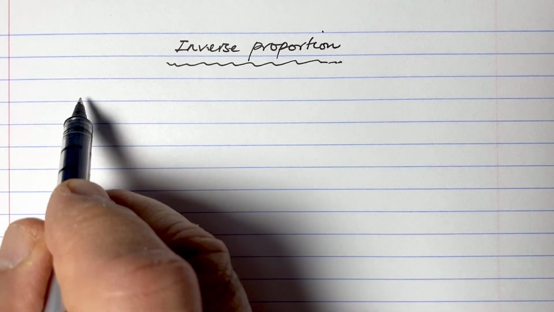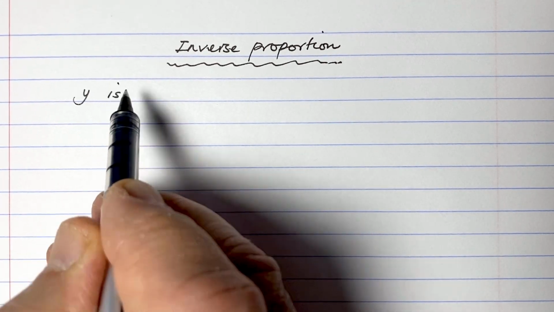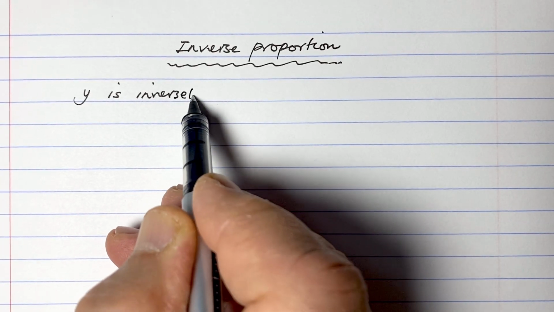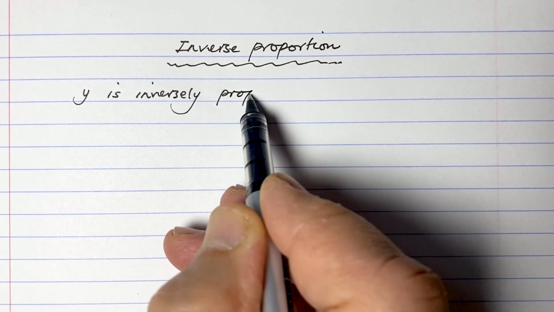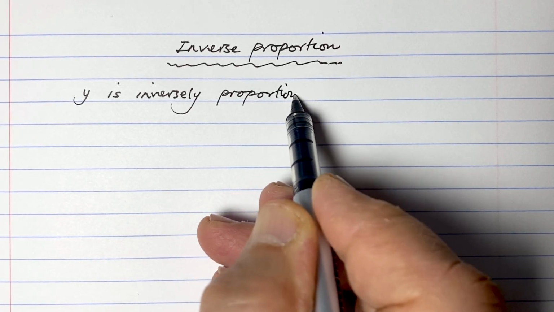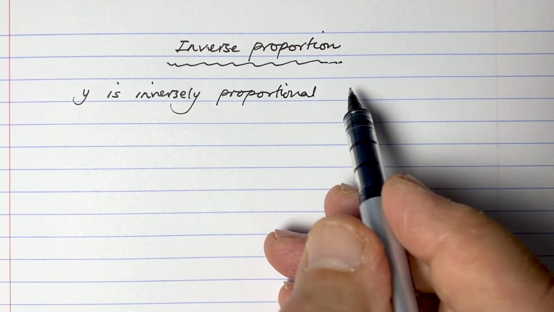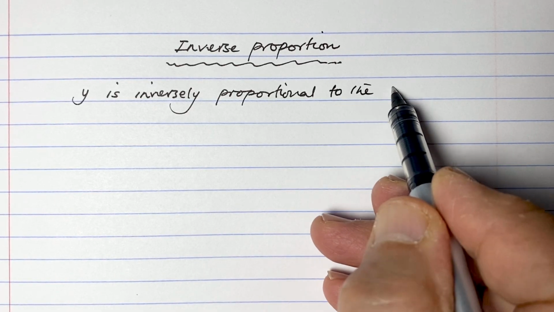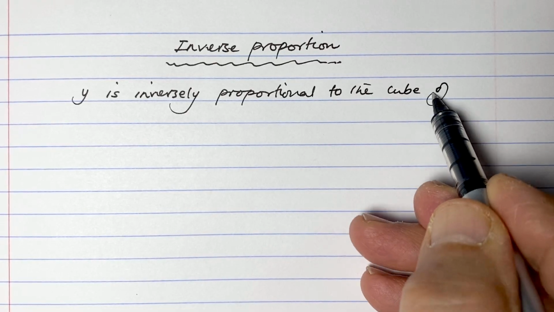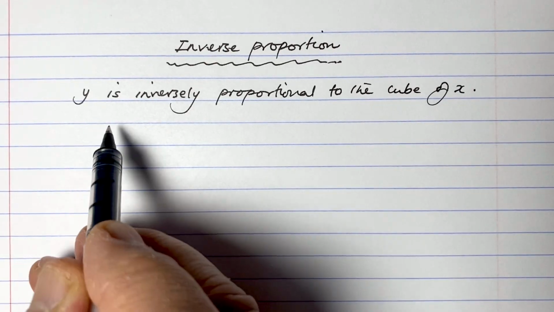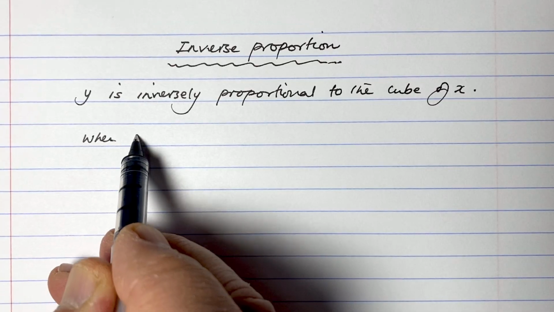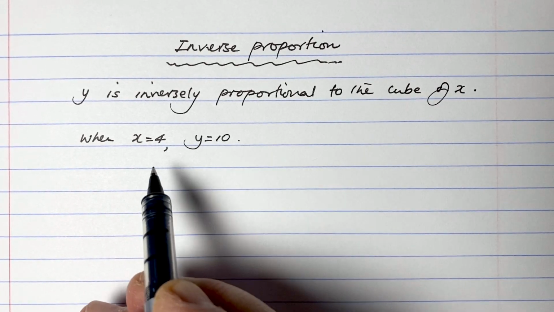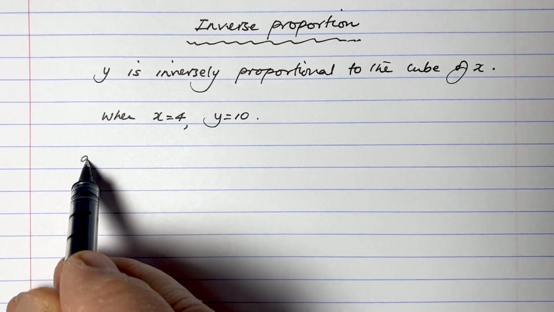For example, y is inversely proportional to the cube of x. When x is 4, y equals 10.